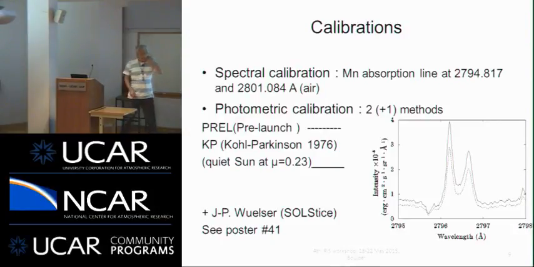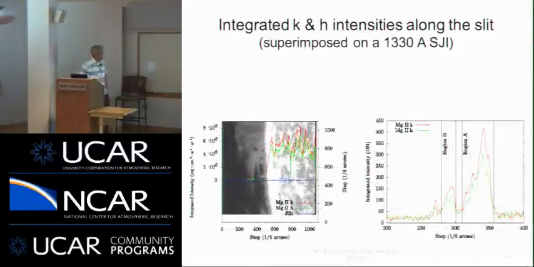So, well, it should be, but this difference is within, I would say, the errors. And moreover, as you will see, we use the other values provided by Jean-Pierre Wulzer, and I encourage you to see his poster 41. So, after having solved that, we return to the issue of our threads.